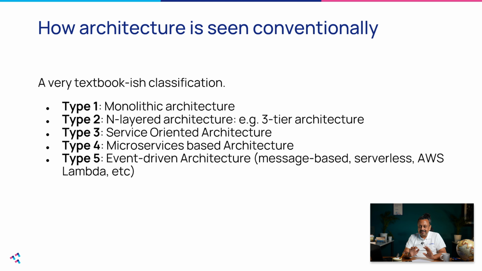Now we will see that there are shades in that, but monolithic is one common term. The next idea is these n-layered architectures, 3-layer architecture, 2-layer architecture, and so on. Front end, back end, 2 layers. Application server, transaction server, database server, 3 layers, etc. So that is one common term.